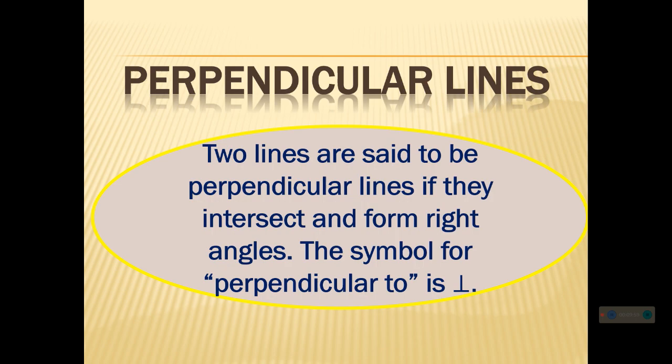Take note that intersecting lines and perpendicular lines are different. When we say perpendicular lines, they intersect, but you have to make sure that the two lines form right angles. And the symbol for perpendicular to is the inverted capital letter T, as you have seen on this slide.